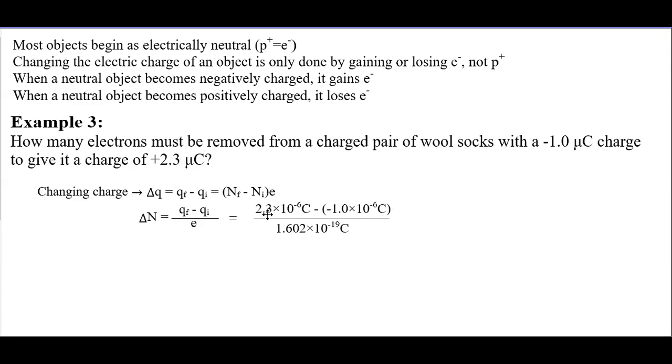Just do that, you get positive 3.3 times 10 to the negative 6 coulombs divided by your constant. And it just means you got about 21 trillion, or 2.1 times 10 to the 13 charges, were removed from the wool socks. That's really all that means. Okay, I rambled too long. That's enough for today.